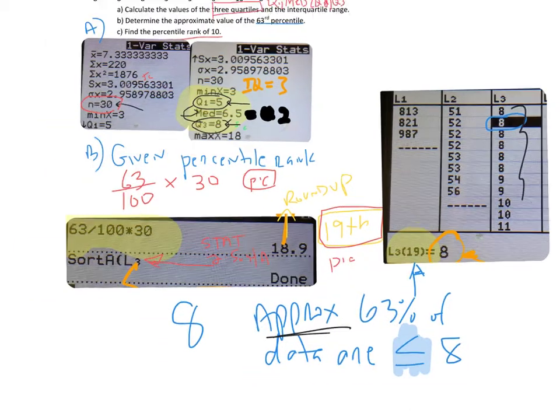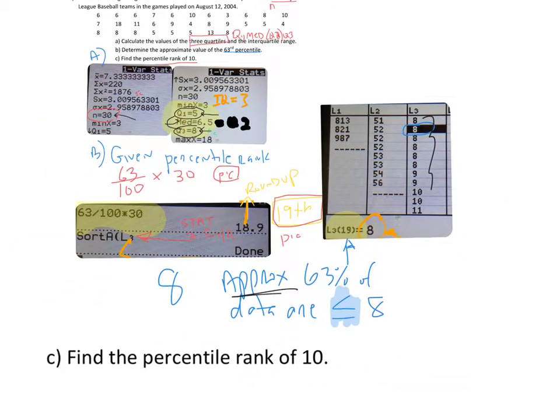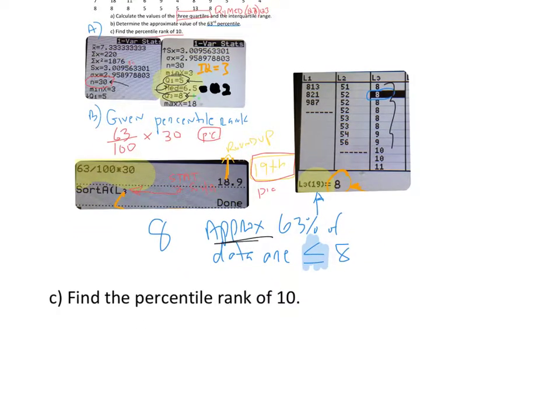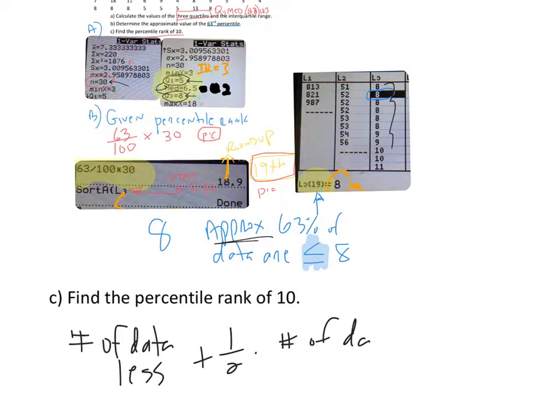For letter C, problem C, now we have to find the percentile rank of 10. So in order to find a particular percentile rank, we're going to use the formula. You take the number of data less, and then we're going to add 1/2 times the number of data equal, and then we're going to divide that by the total number of data.